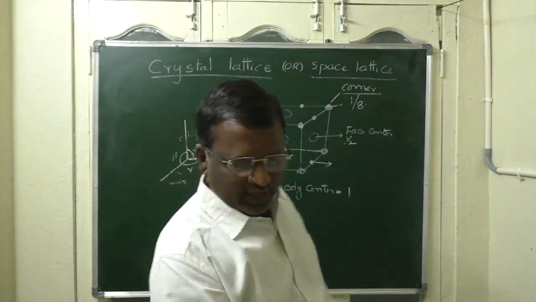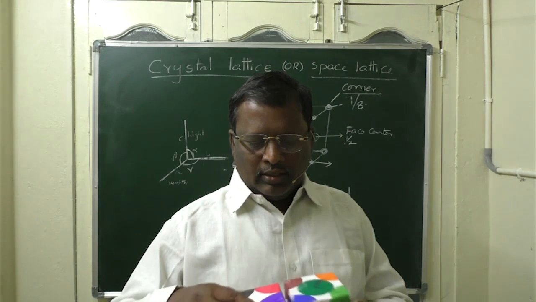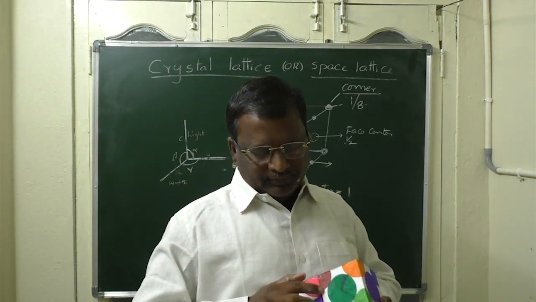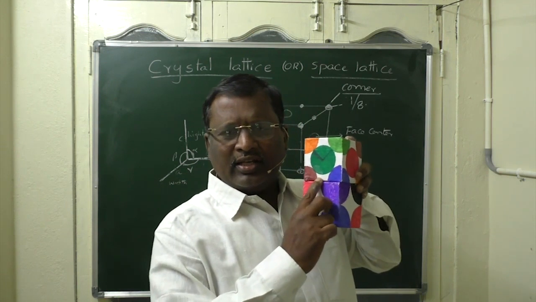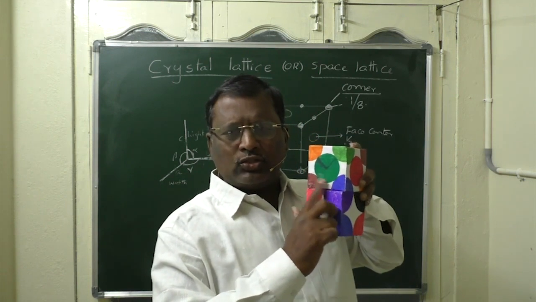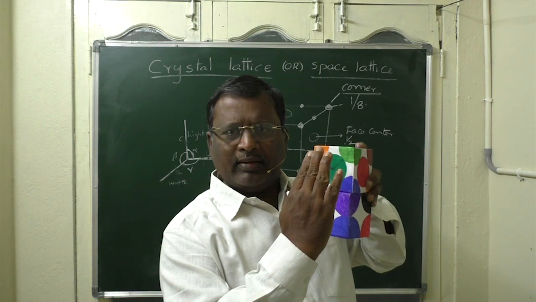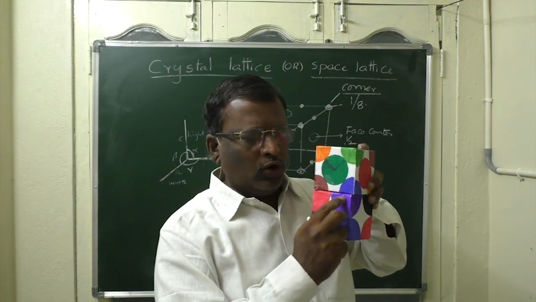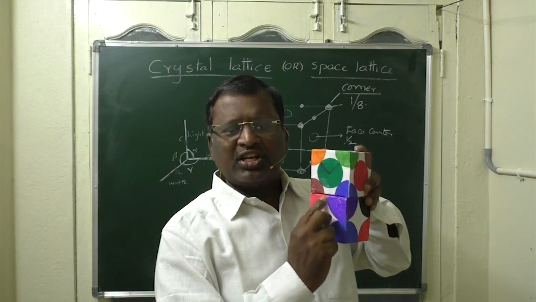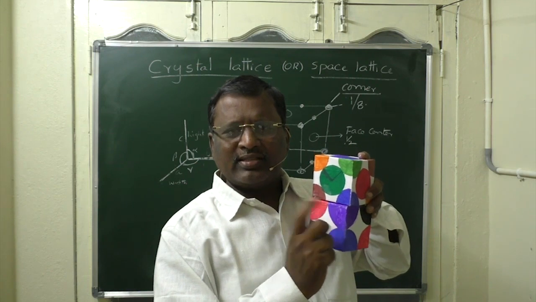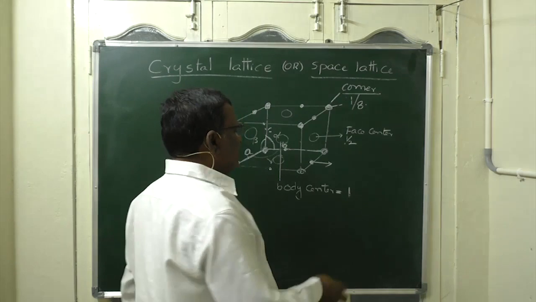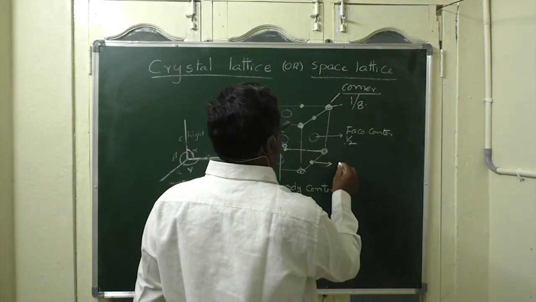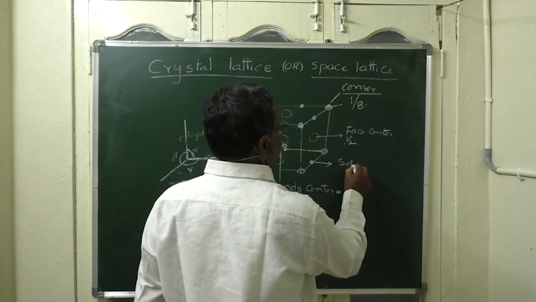Suppose this is the side edge; the atom is shared by these 2 and the other 2 on this side. That means, as a whole, 4 unit cells share the atom present in this side edge. That is why its contribution for this particular unit cell is only 1/4.